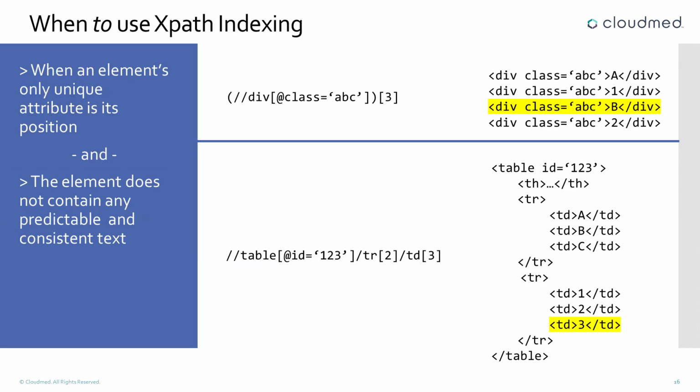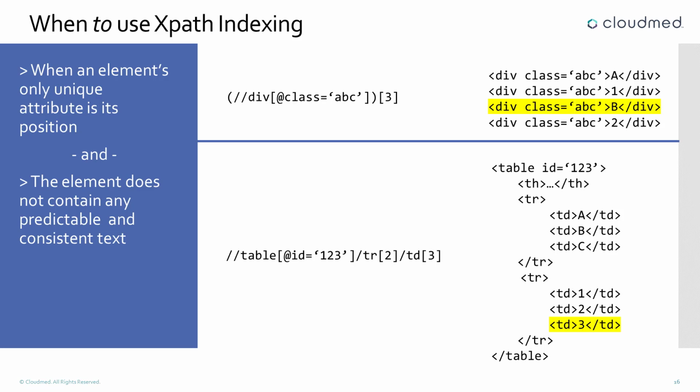So places that you would want to use indexing is when the only unique attribute of an element is its position. So everything else is either subject to change. If we were looking at this example here, there's some letters here. If these weren't consistent, we didn't know what was going to be in these, the only thing that's around anywhere is this class. So we can't just select on class.